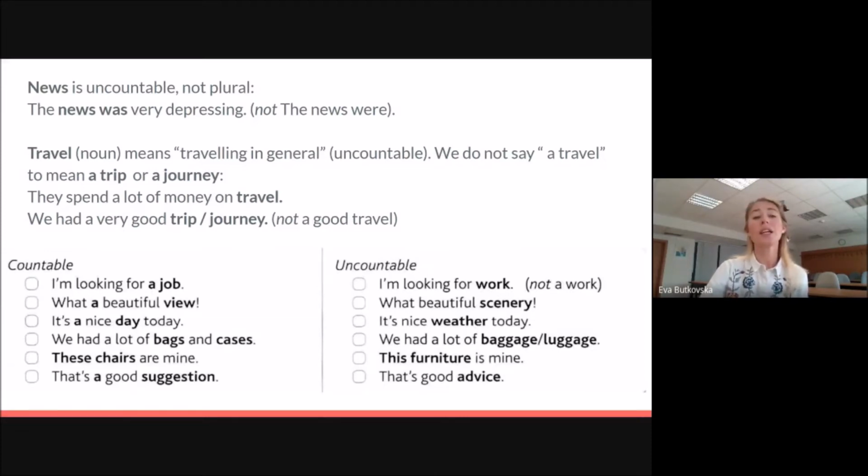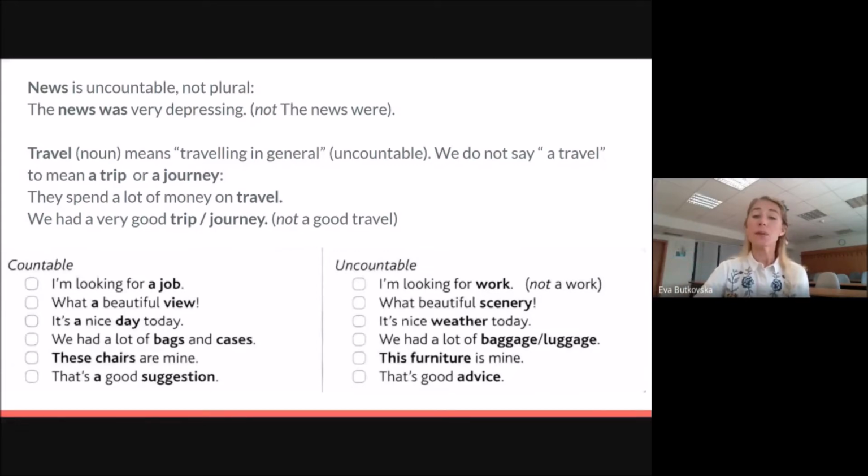As well with the noun travel. Travel means traveling in general, okay? And that's uncountable. So we could say we spend a lot of money on travel. So that's a noun. We spend money on travel, uncountable. But how do we count travel? We count travel in a trip or a journey or voyage, for example.